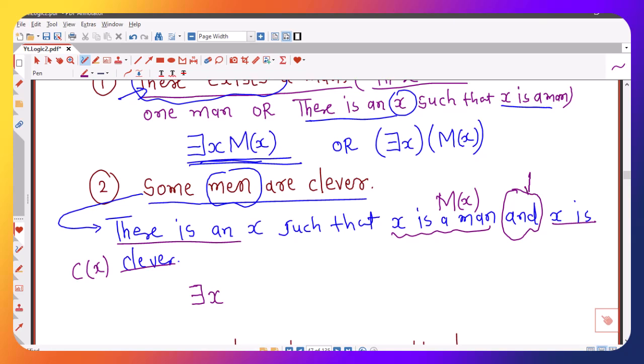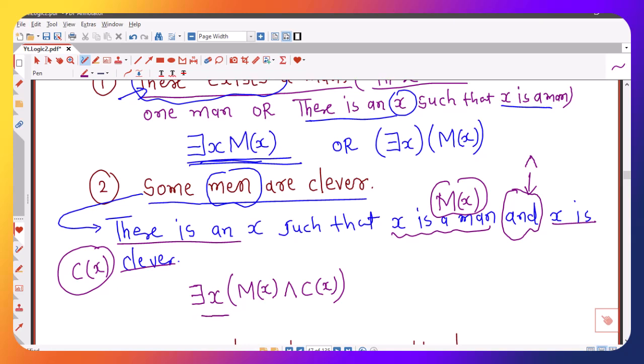So we have to use a logical connective, which we know as the AND operator or conjunction. So I have to write the conjunction of these two statement functions M(x) and C(x). So there exists x such that M(x) and C(x).